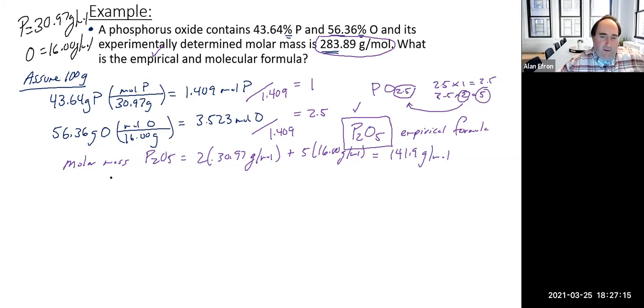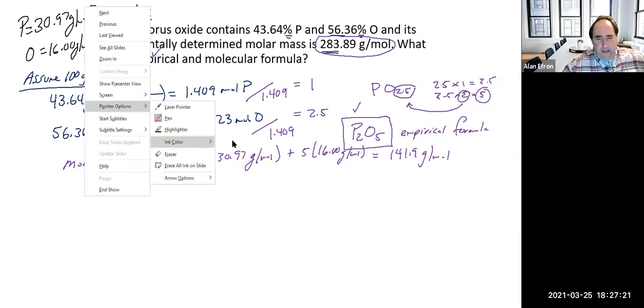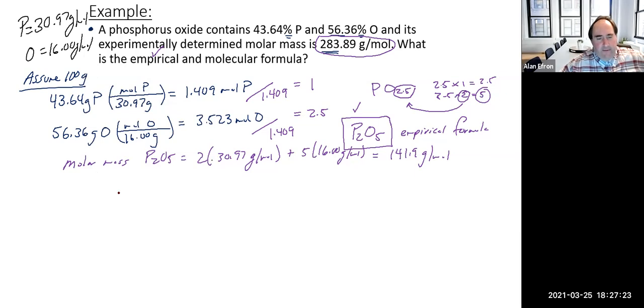At this point, we're going to take the molar mass that was given to us in the problem for the compound, which is 283.89. We're going to divide it by the molar mass of our empirical formula, which is 141.9. And not drop the calculator here. Give that a go. 283.89 divided by 141.9.